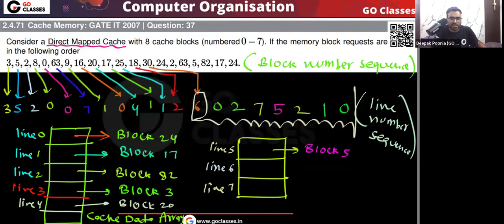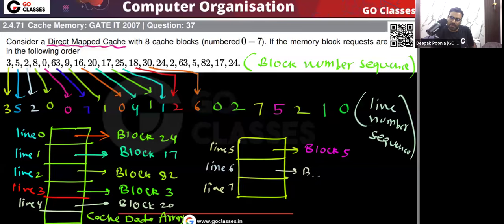Line number 6, that means block number 30. And what about line number 7? From the end keep going. In line number 7, which one did we get? 63. Yes or no? So block number 63. So that's it. This is what we have found. Is this clear? Very simple.